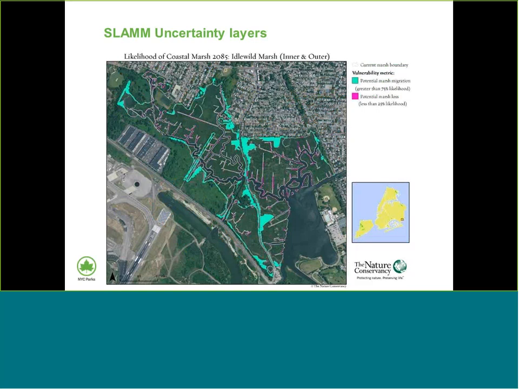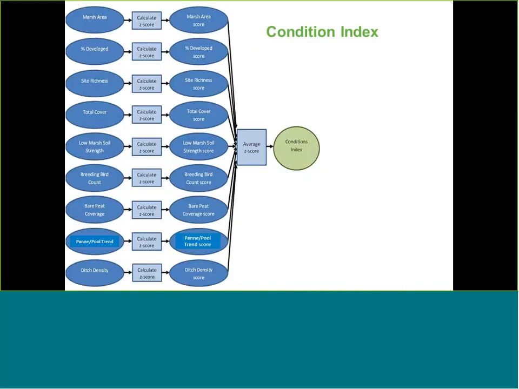We pulled those 2 categories to determine our potential marsh migration by looking at areas with 75% or greater likelihood of being coastal marsh outside of our marsh complex, as well as looking at potential marsh loss by looking at areas that have a 25% likelihood or less within the marsh complex. And these 2 metrics were used in our vulnerability index.